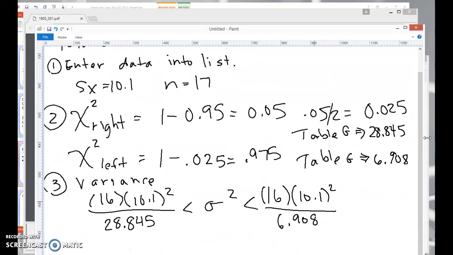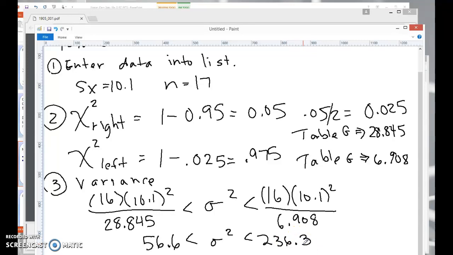Dividing those out, noticing I'm going to round to the nearest tenth, 56 and 6/10, and 236 and 3/10. Now I still have to figure out the standard deviation.